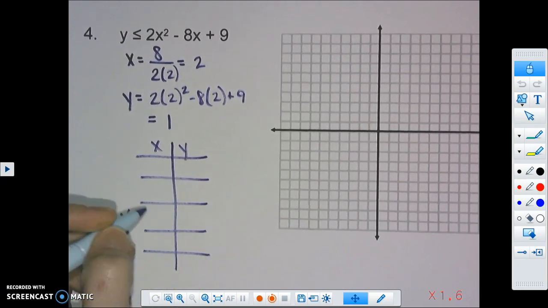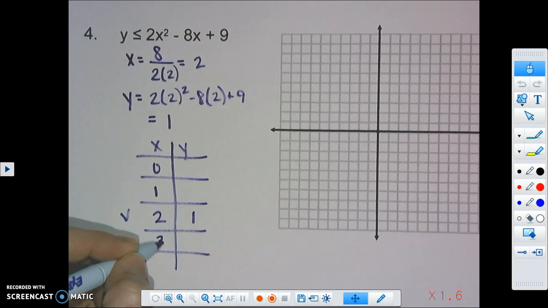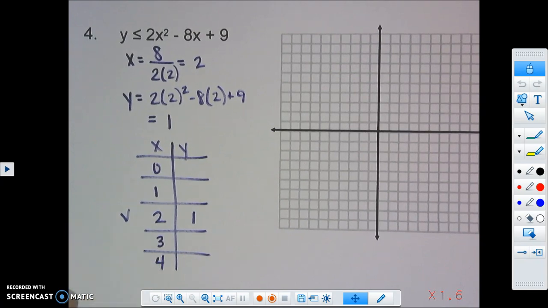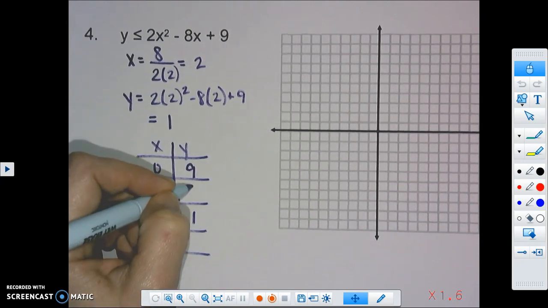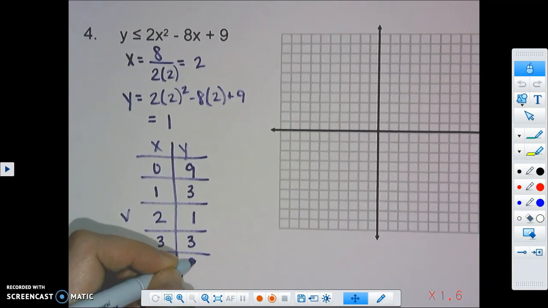We create our table with our vertex in the center. 2, 1 is the vertex. And again, we go 2 spaces up and 2 spaces down from that x coordinate of 2. So when we plug in those values, plugging in 0 gives us 9, plugging in 1 gives us 3, plugging in 3 gives us 3, and plugging in 4 gives us 9.